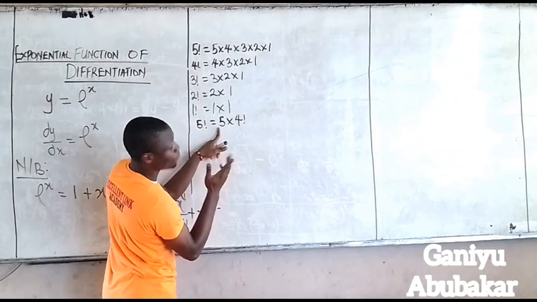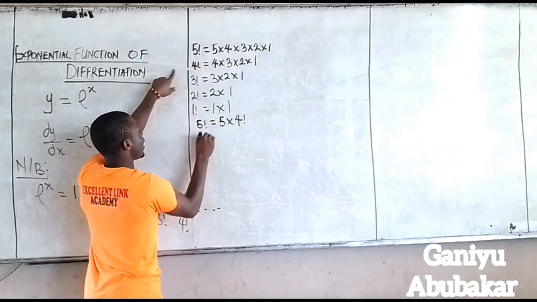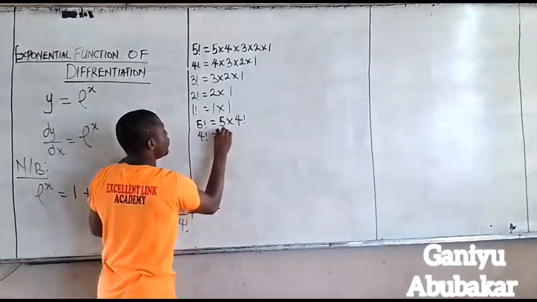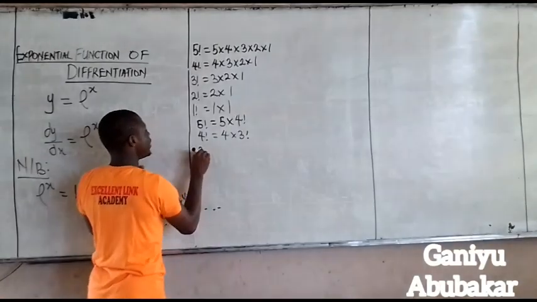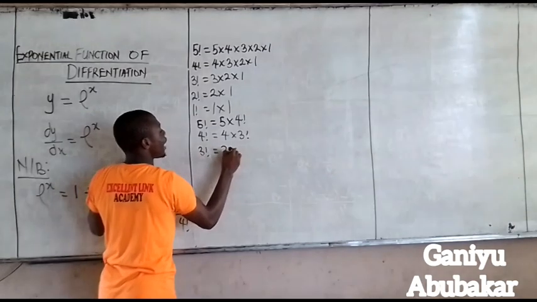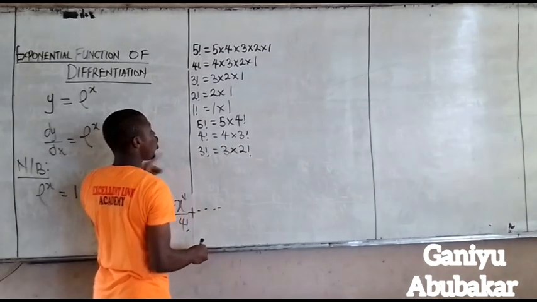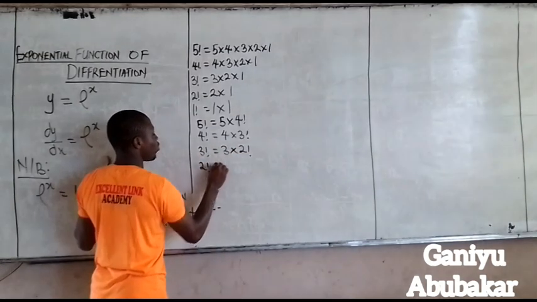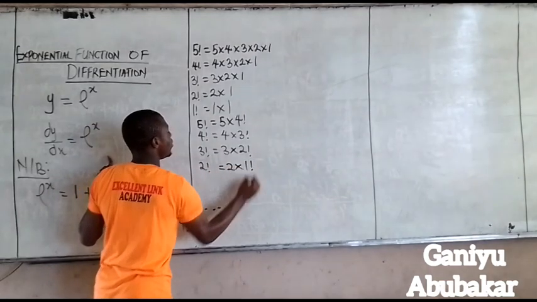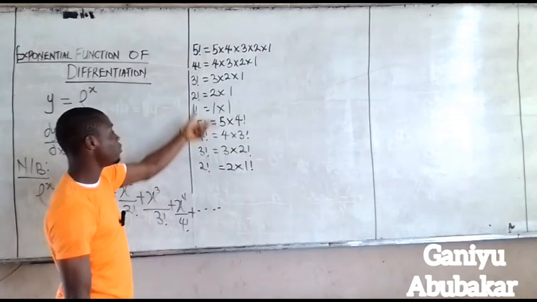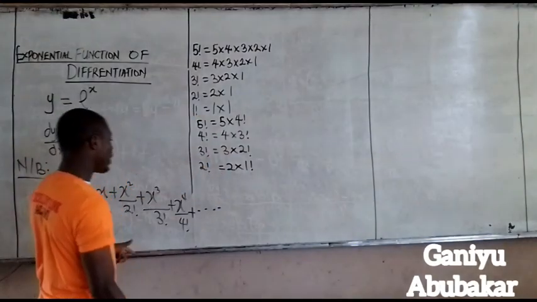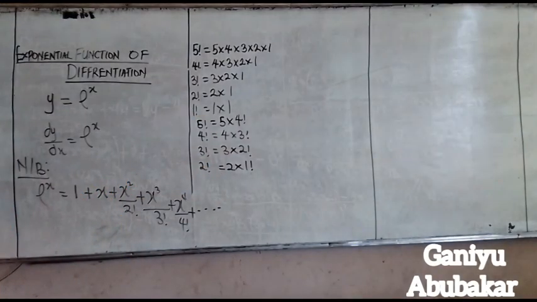That's the relationship. The same way, 4 factorial is 4 times 3 factorial, 3 factorial becomes 3 times 2 factorial, and 2 factorial becomes 2 times 1 factorial. So observe this relationship, please.